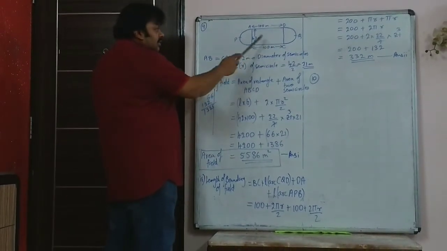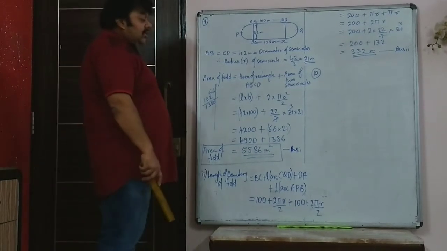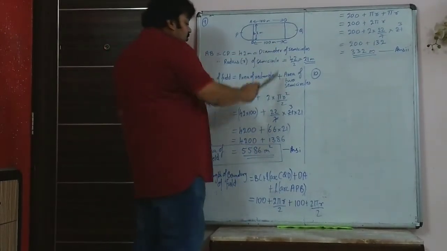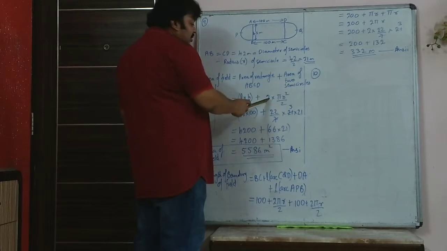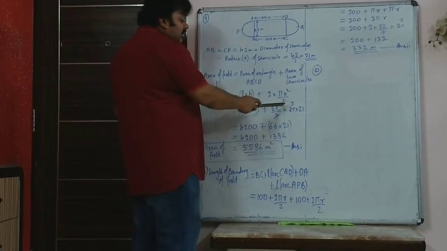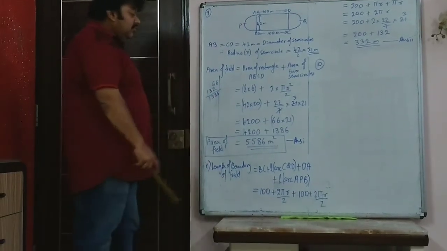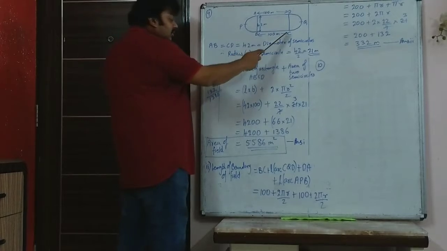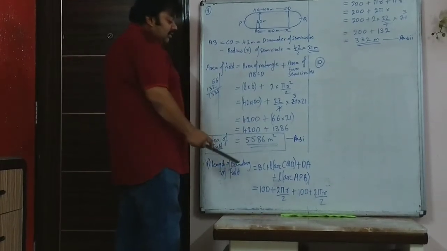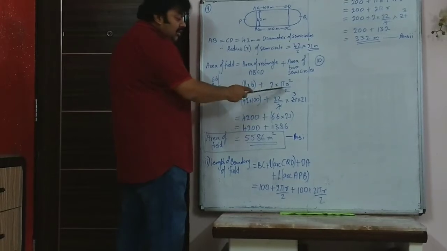So this is length into breadth, so 42 into 100, 4200. And this is 2 times, because there are two semicircles, into pi r squared by 2, the area of one semicircle. So 4200 plus pi, 22 by 7, this 2 and 2 got cancelled.